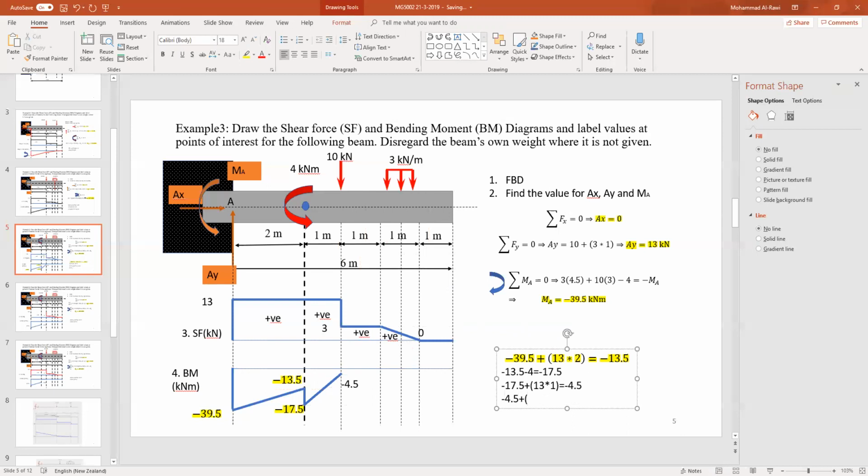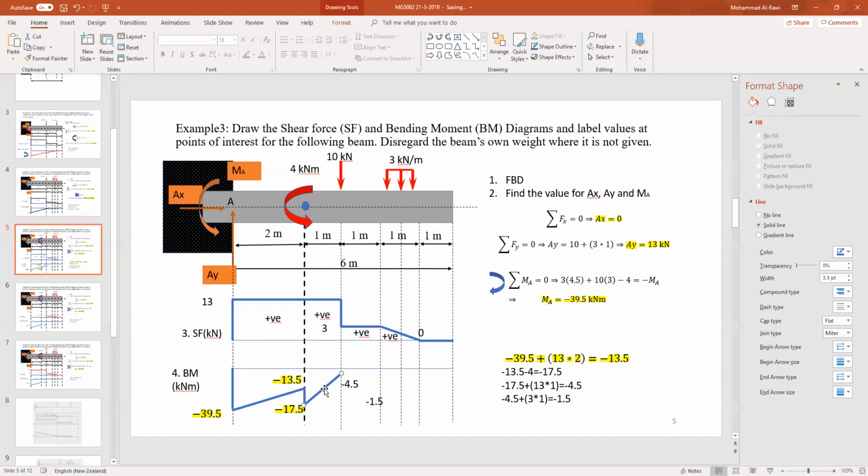A 3 times 1. And that equals minus 1.5, similar to the previous example. So I'll take this value and bring it in here. So technically that one should go as a slope.